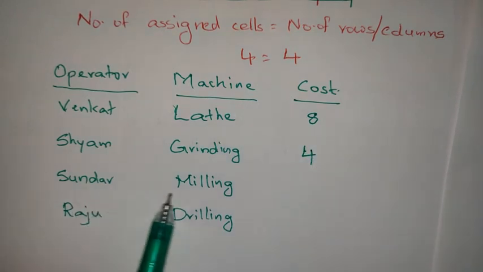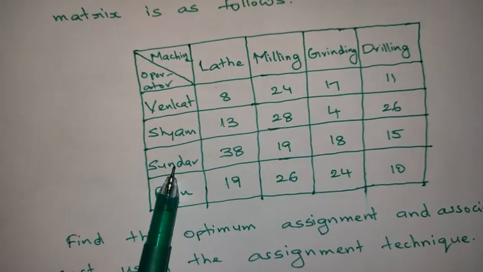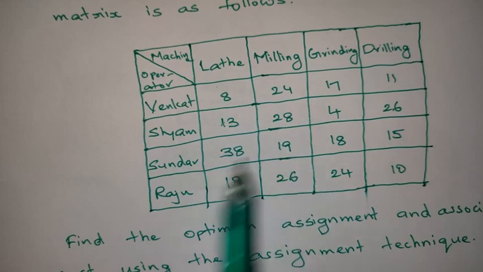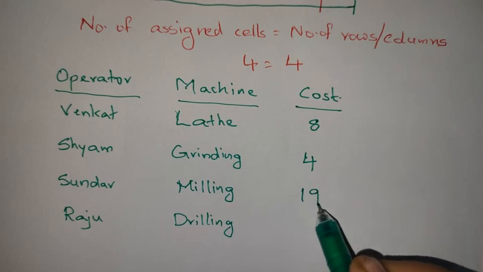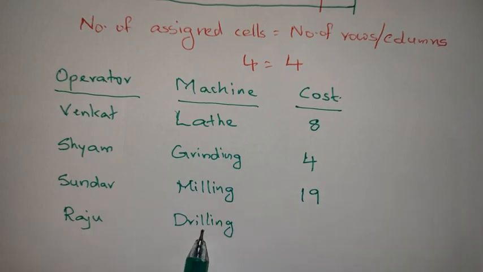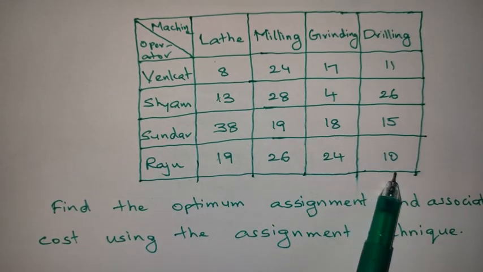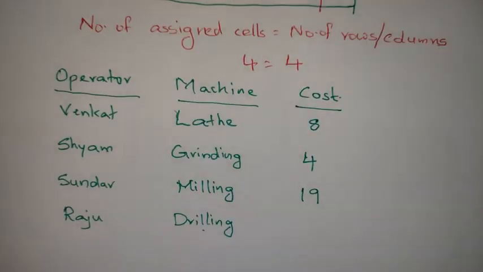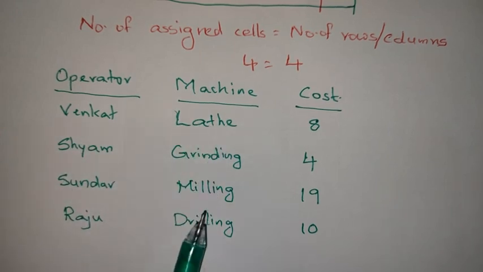Next, Sundar was assigned to milling. So how much cost? Sundar to milling, 19 rupees. Next, Raju to drilling machine, 10 rupees. So like that, each operator is associated with only a single machine.